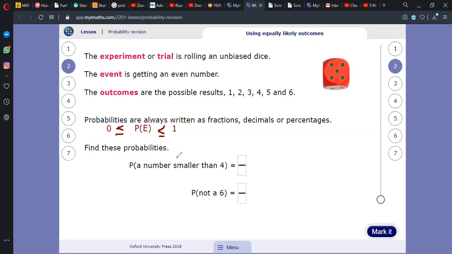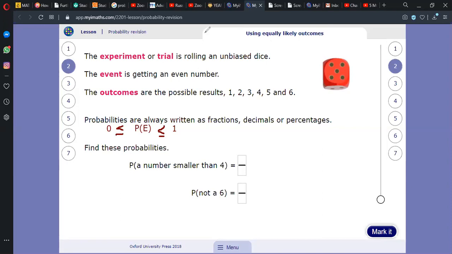Mathematically speaking, that means the probability of any event is from 0 to 1. That means 0 and 1 are inclusive. So take note of that, guys. 0 is part of them, 1 is part of them. And all the numbers in between 0 and 1 are all possible answers for the probability of any event.